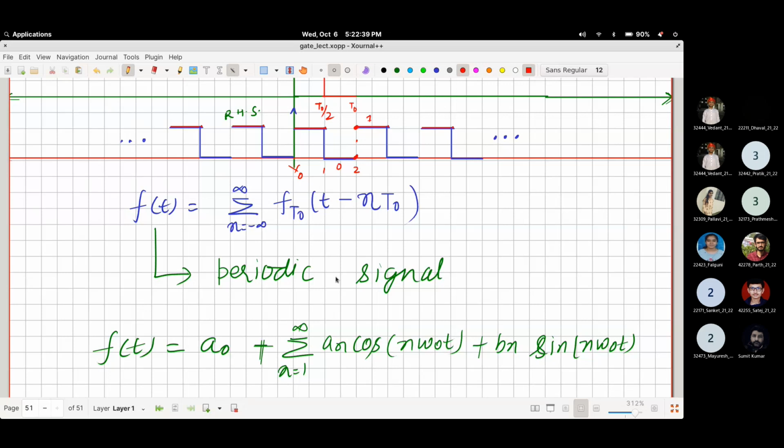That is the main theme here, because in the examination you have to compute this, and computing A naught, AN, and BN takes a hell of a lot more time. I mean it takes a lot of time, which is a big tension. If you go about solving a Fourier series problem mathematically in the exam, it is going to take 10 to 15 minutes of time, and that puts pressure on students.